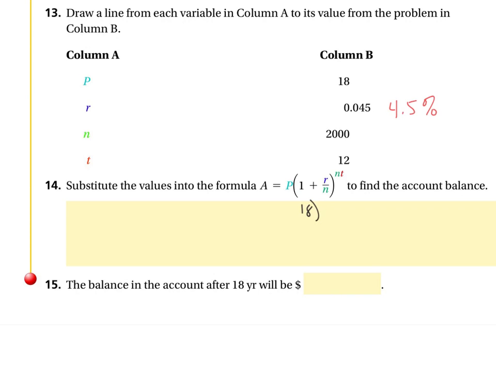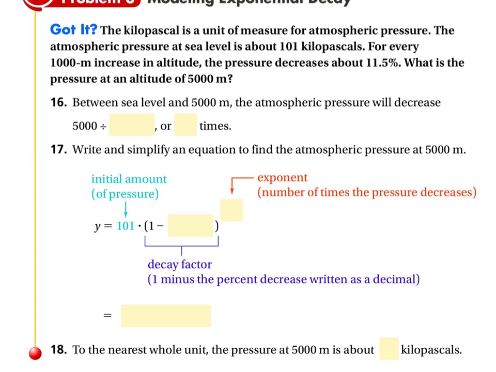Now N times T becomes 216. So 2,000 times 1 plus 0.045 divided by 12, raised to 216, equals approximately $4,489.01.